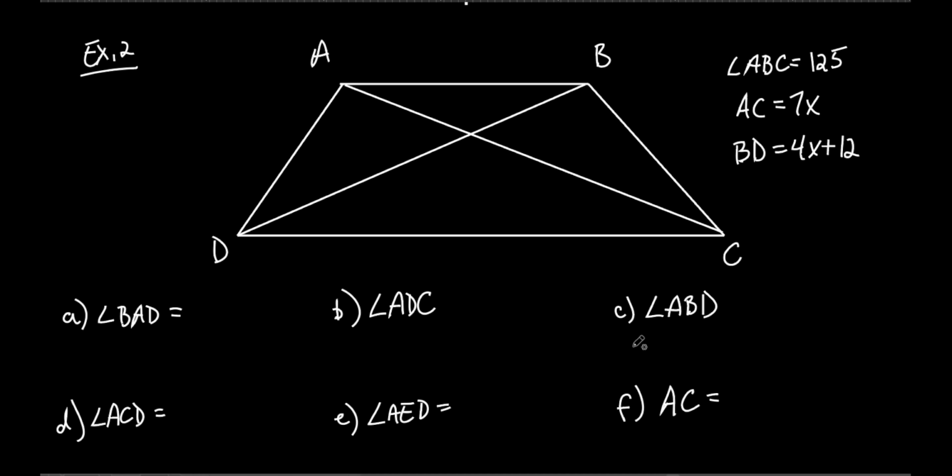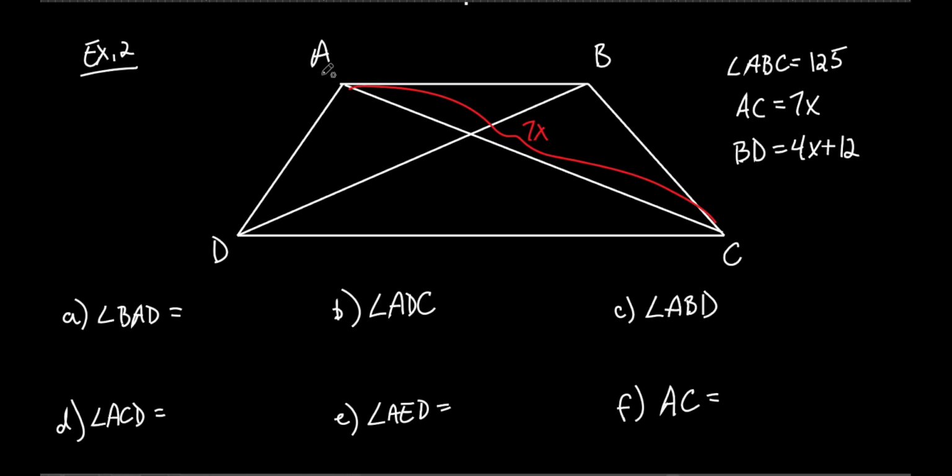So where do we begin? What would you do? Just put it away and start crying? All right, AC: that whole thing from here to there is 7x.